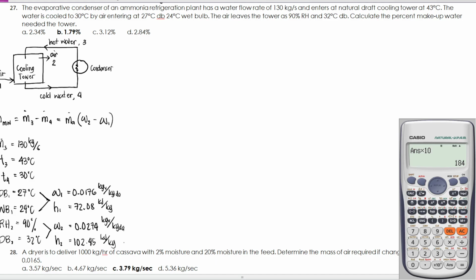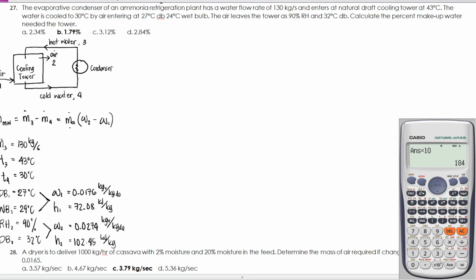So, kapag inyong kinompute, maaaring magkaroon ng discrepancy, but at least approximately pareho lang sila. Alright? Ayun. So, kung gagamitin natin itong formula na to para makuha yung mass of makeup water, so may humidity ratios na tayo, yun nga lang wala pa tayong mass ng air. So, pwede nating makuha yung mass ng air gamit naman yung, kapag nag-energy balance kasi tayo dito, wait lang.